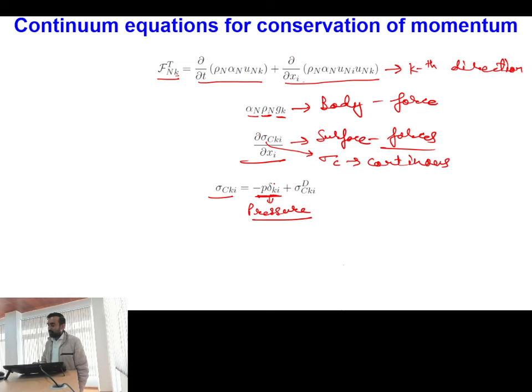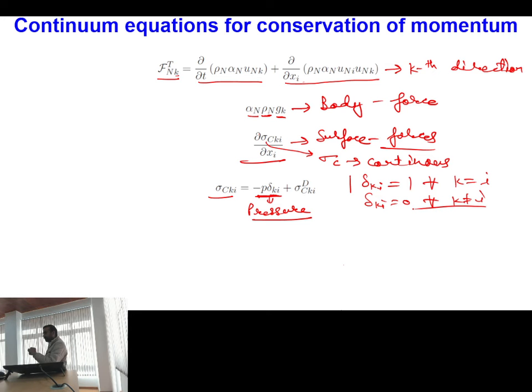Delta ki is once again a Kronecker delta operator, and this will be equal to 1 only if k is equal to i, and it will be equal to 0 for all k not equal to i. It means if k and i are equal, I am referring to the kth surface as well as the kth direction.